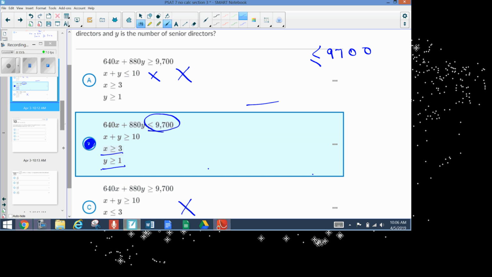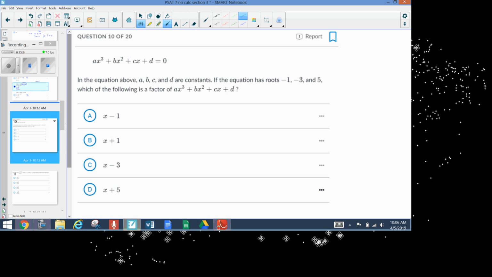Next one. Okay, in this type of question, these are the roots. If they are the roots, we're getting factors like that. What number makes here 0? Okay, now x minus 1, I'm going to put what?